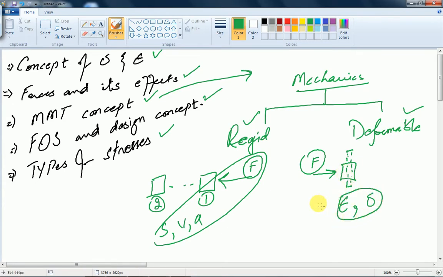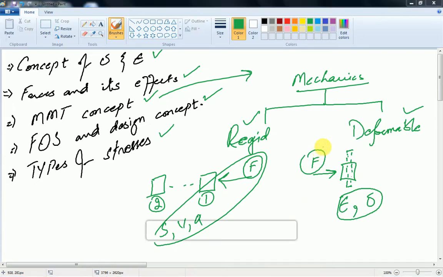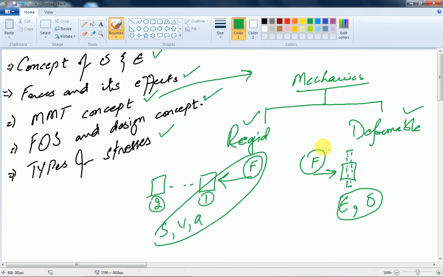That is why we call deformable body mechanics mechanics of materials. So you should remember why this subject is different from rigid body mechanics.